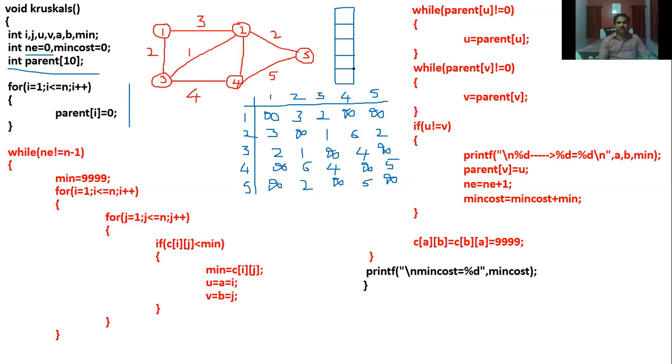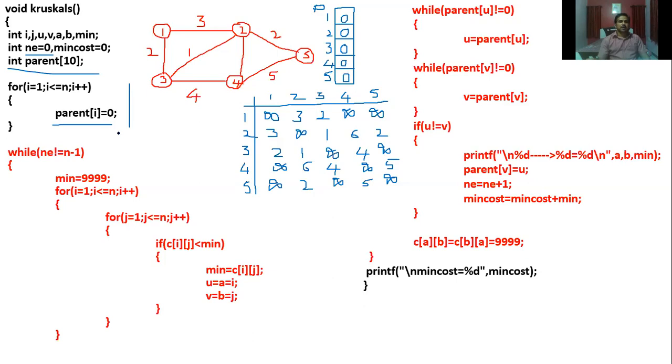To check for that cycle formation, we are using this parent one-dimensional array. In short, I'm writing it as P, 2, 3, 4, and 5, and all these values are going to be initialized with the value 0.